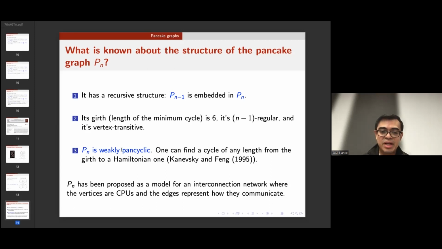So essentially the weakly part means, well, okay, maybe you won't have 3 cycles or 4 cycles, but you will have all of them from the girth, from the length of the minimum cycle, to a Hamiltonian cycle that will go through all of the vertices of the graph. So this was proven in 1995. It's actually a very nice, interesting property, which seems to hold for these generalized pancake graphs. And I will mention that as well.